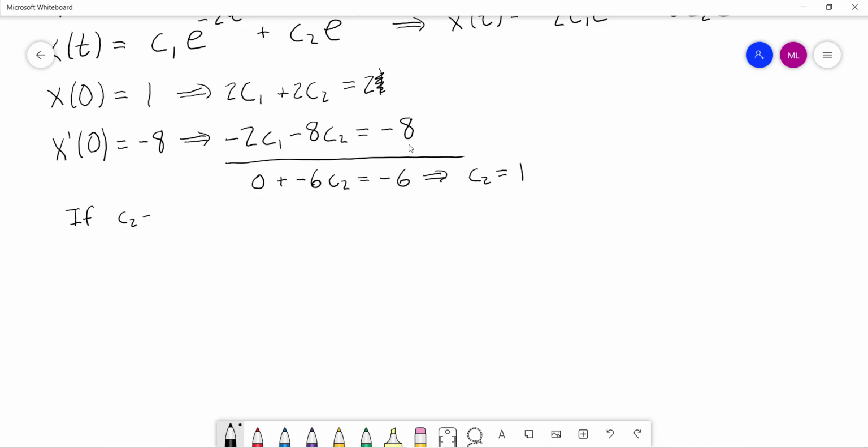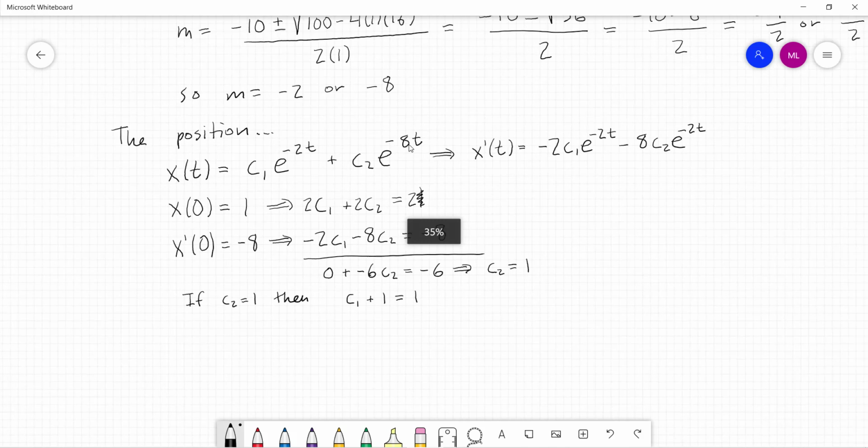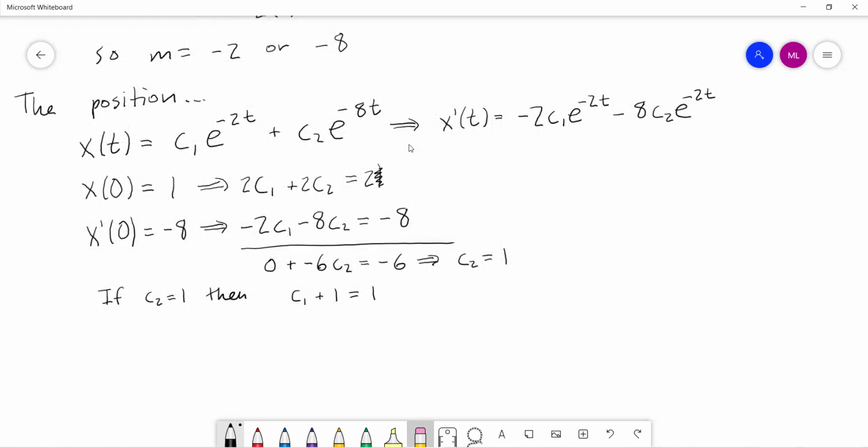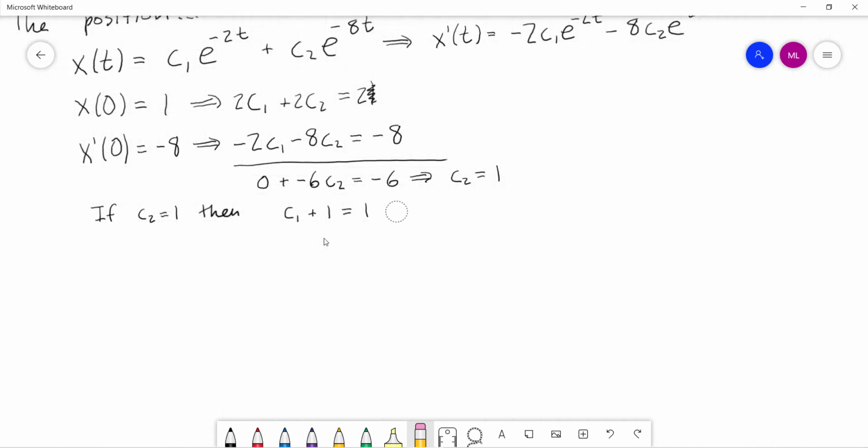If C2 equals 1, then that tells me that I've got C1 plus 1 equals 1, which was the original equation that we had before I doubled this top equation. So C1 plus C2 was supposed to be equal to 1. And what does that mean that C1 has to be equal to? C1 must be equal to 0.